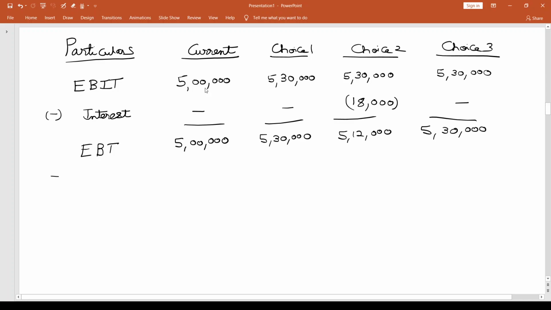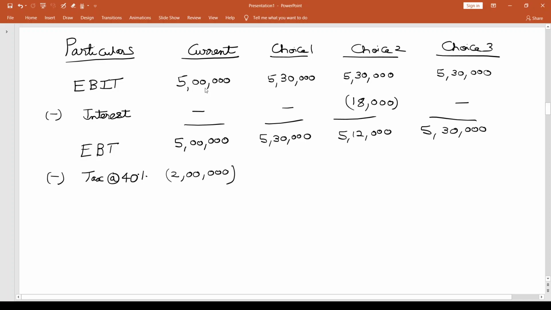From this EBT, I'm going to subtract tax. Tax is at the rate of 40%. This is told to me by the question. So as of now, the tax is going to be 2 lakhs, 40% of 5 lakhs. And for 5,30,000, the tax is going to be 5,30,000 into 0.4.